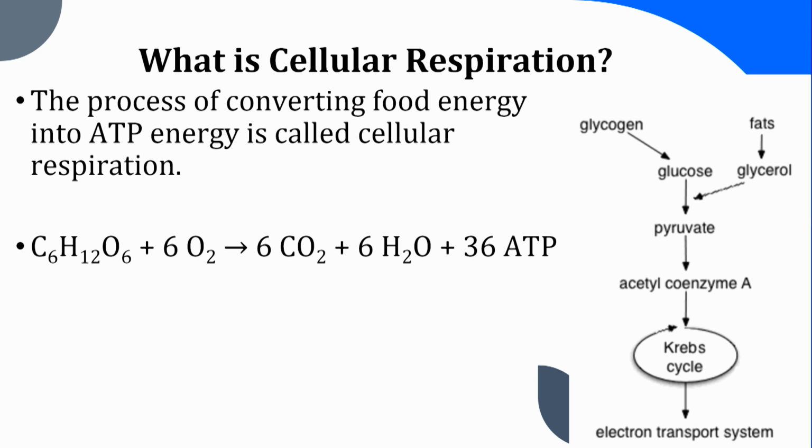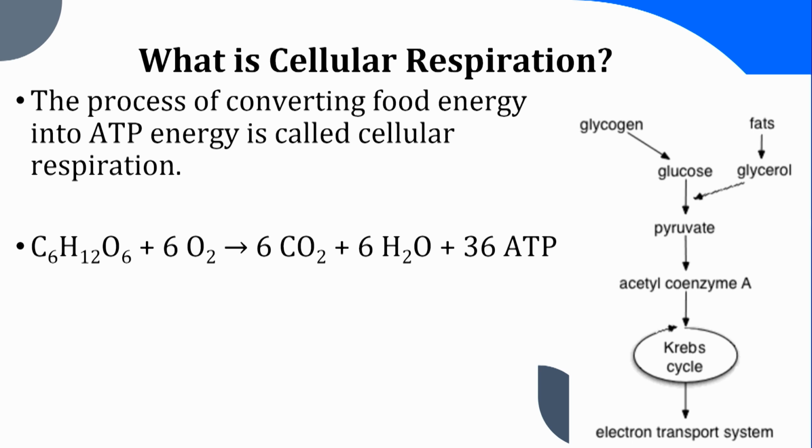So it's going to yield carbon dioxide plus H2O. What is that? That's water, and then also 36 ATP. Okay, so what does all of this mean? It says glucose plus oxygen yields carbon dioxide, water, and energy. So this is the process that your cells are doing to take glucose and turn it into energy that you need.